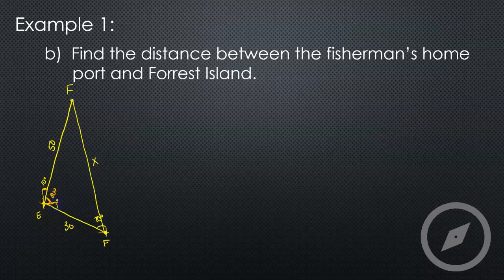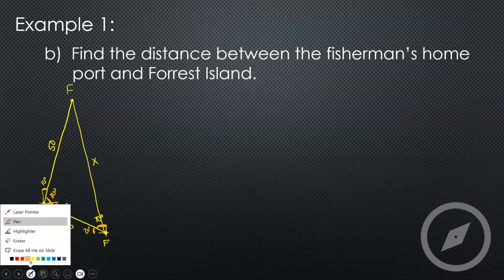Now I've got to figure out what this angle is. Remember, this angle here is going to be the same as this angle here. And if we know that this one is 70 degrees, that means this one here is 20 degrees. So that means this is also 20 degrees.